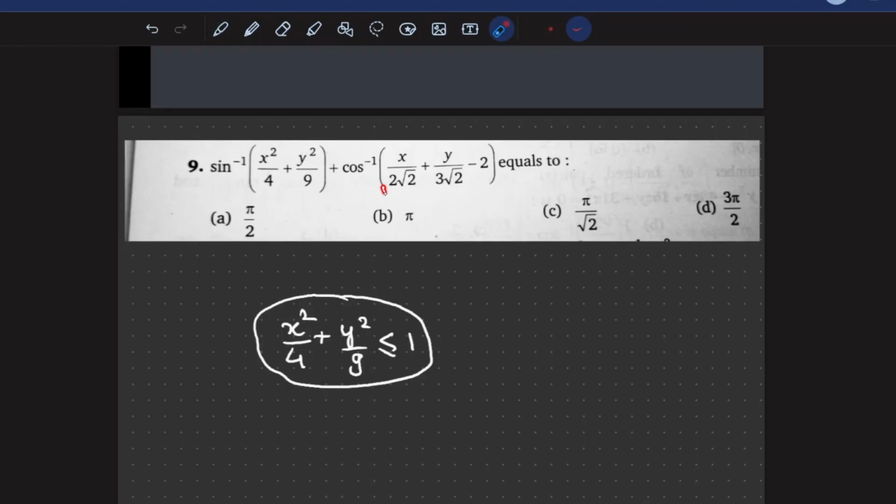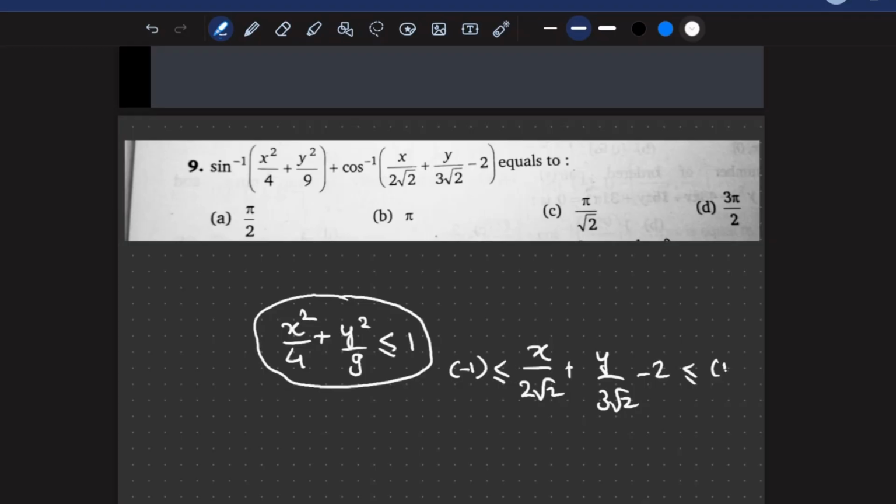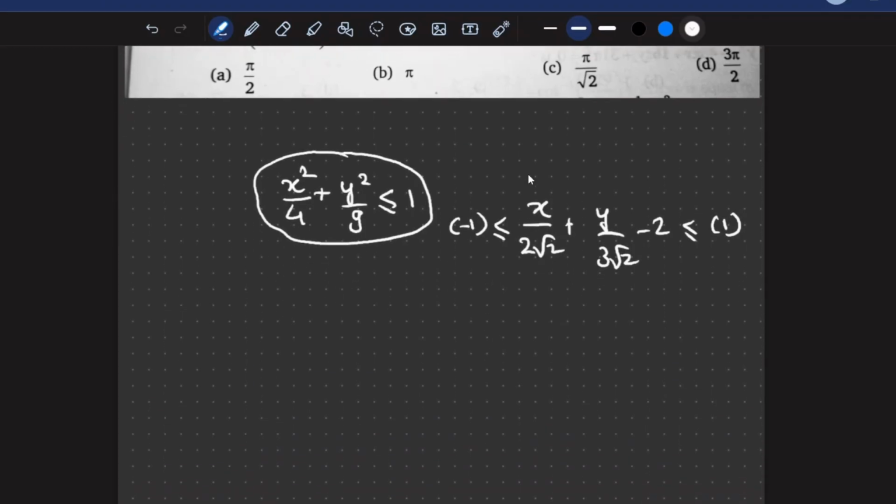Since I used the idea of domain in this expression, I'm going to use the same idea of domain in this expression, the one inside cos inverse. So let us do that. x by 2 root 2 plus y by 3 root 2 minus 2. Here we do not have any leads, so I have to use both expressions. This will yield us two lines.